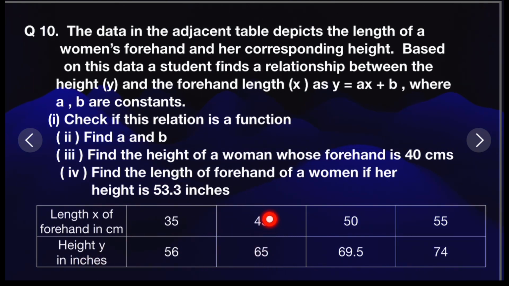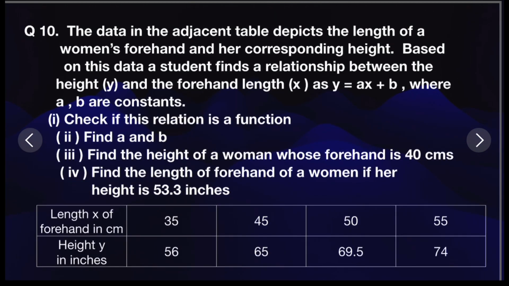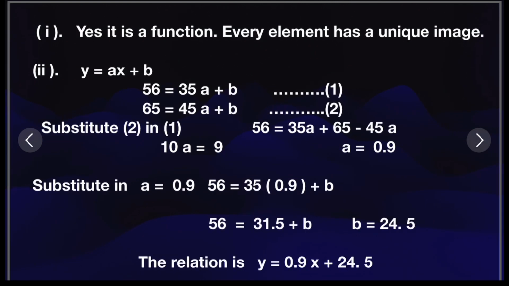So this is the relationship. Here, is it a function? Yes, it is a function, because every element has a unique image. So here we find that for all values of x, x has got a unique y. This y is called the image of x. All the images are unique, so it is a function.